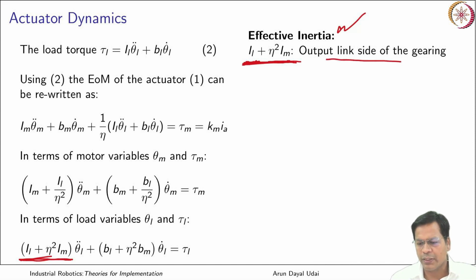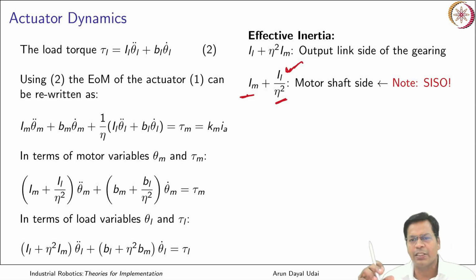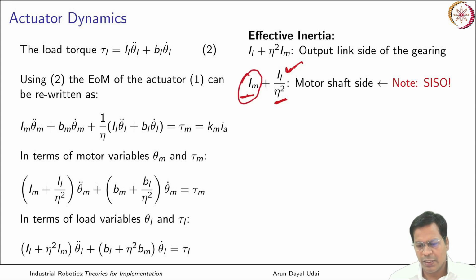So on the output link side, due to the gearing, you can see this. Similarly, the motor side will see the link inertia reduced by eta square times. In industrial robots, eta normally ranges from 100 to 300 as the gear ratio. So you can imagine it is reduced by eta square times. So the link inertia is almost missing from your inertia.